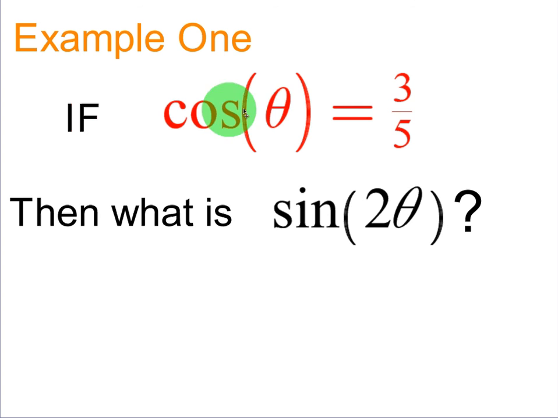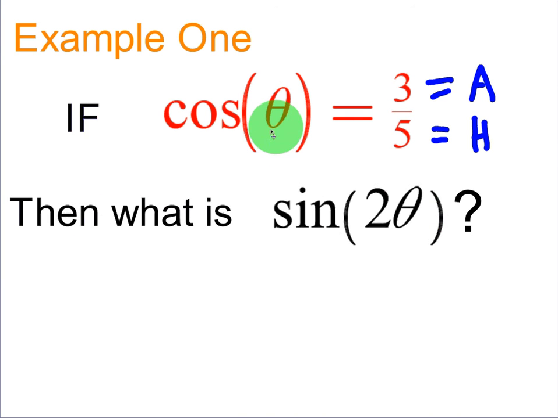So they're saying that cosine of theta is equal to 3/5. What do we know off the bat? The definition of cosine is adjacent over hypotenuse. We know the adjacent side is 3, and the hypotenuse is 5, based on cosine of theta equal to 3/5. The question is asking, what is sine of 2 theta?